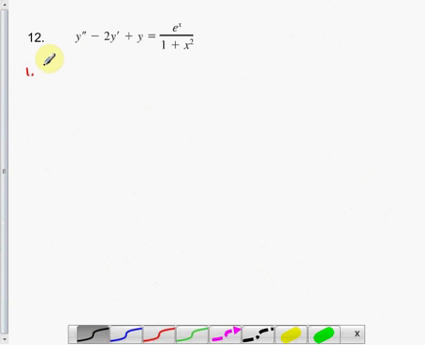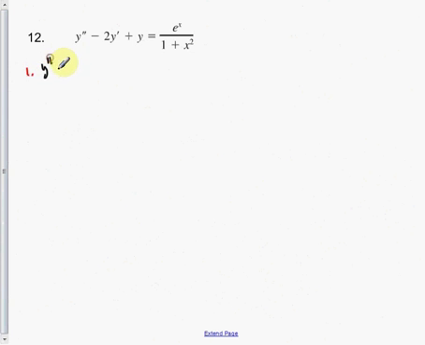So the first thing we do is we want to solve y double prime minus 2y prime plus y equal to 0. We use the auxiliary equation, so this is m squared minus 2m plus 1. We can factor that.